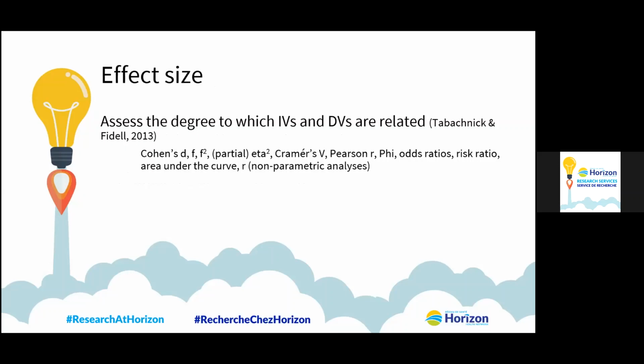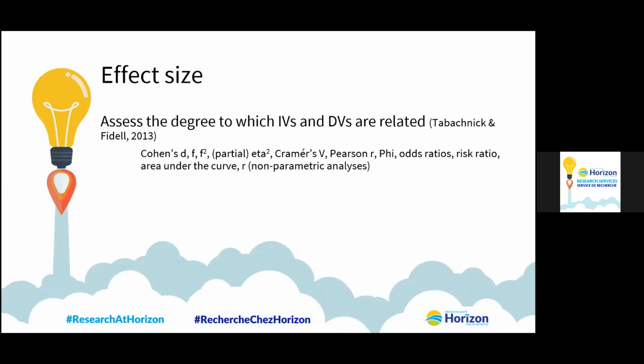So my other consideration for situations where your p is less than 0.05 would be to report the effect size and its accompanying 95% confidence intervals associated with the measure. So effect sizes give some sense of the magnitude of the effect being observed and can provide context to the association between two variables or how different two measures are. There are many forms of effect sizes and each are dependent on the analysis being performed.